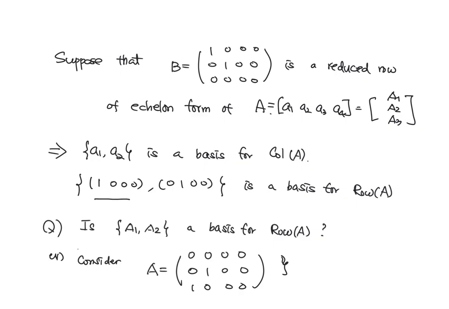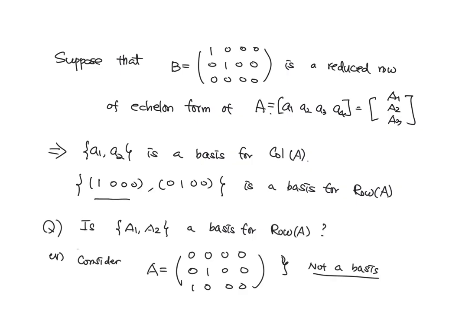So the first two rows in A do not form a basis in this case. So in the case of the row space, you must stay in B matrix. You do not go back to A. Okay, you need to choose the non-zero rows in an echelon form. Okay, they will form a basis for the row space.